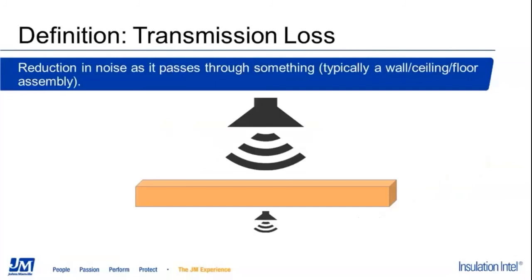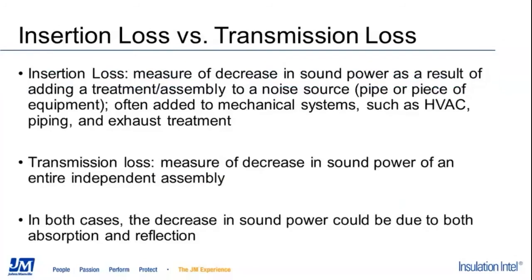So again, looking at the sound pressure level or the noise level at the source side of that assembly, and then looking at the noise level on the opposite side of the assembly. And the difference between those two is obviously the transmission loss that you are able to achieve. It's important to understand that insertion loss and transmission loss are different.